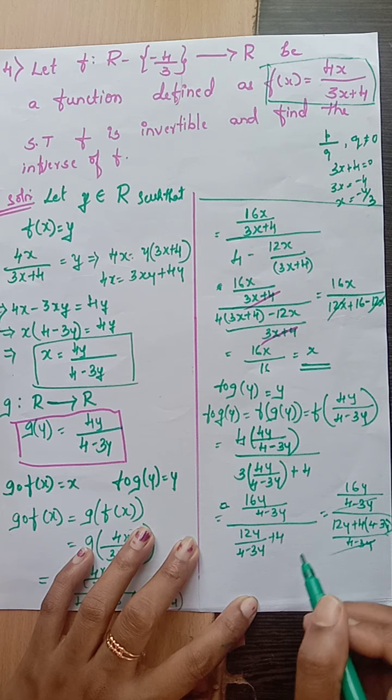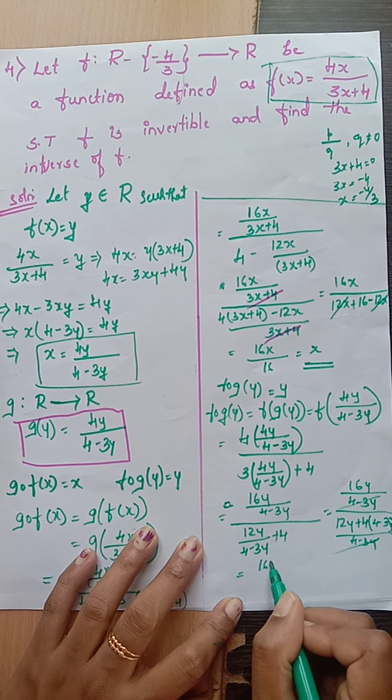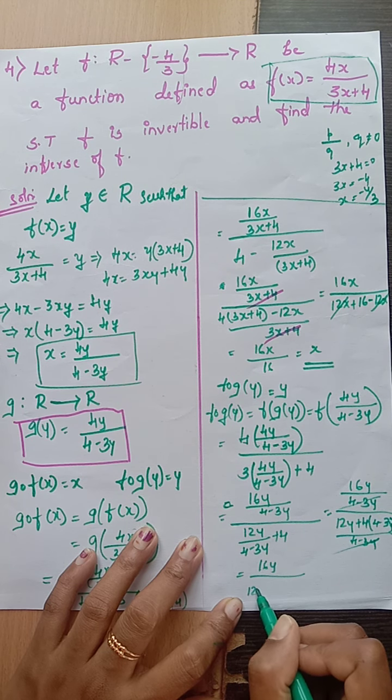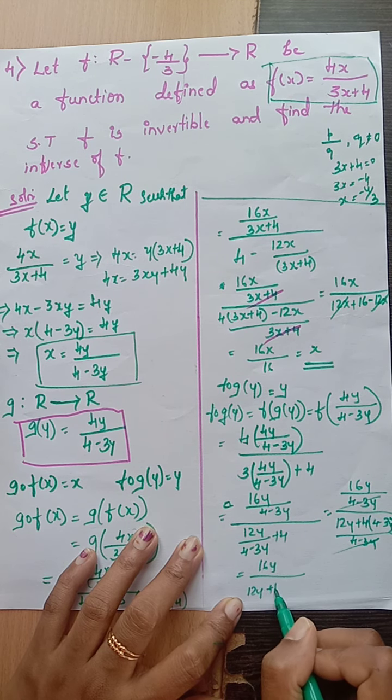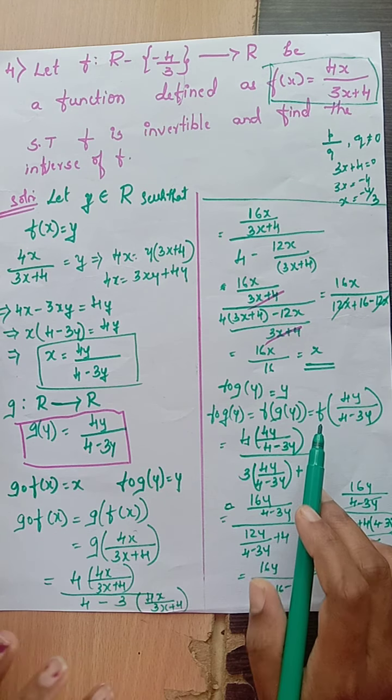So 4 minus 3y gets cancelled. So we'll be left with 16y divided by 12y plus 16 minus 12y. So that is 16y by 16, which is y.